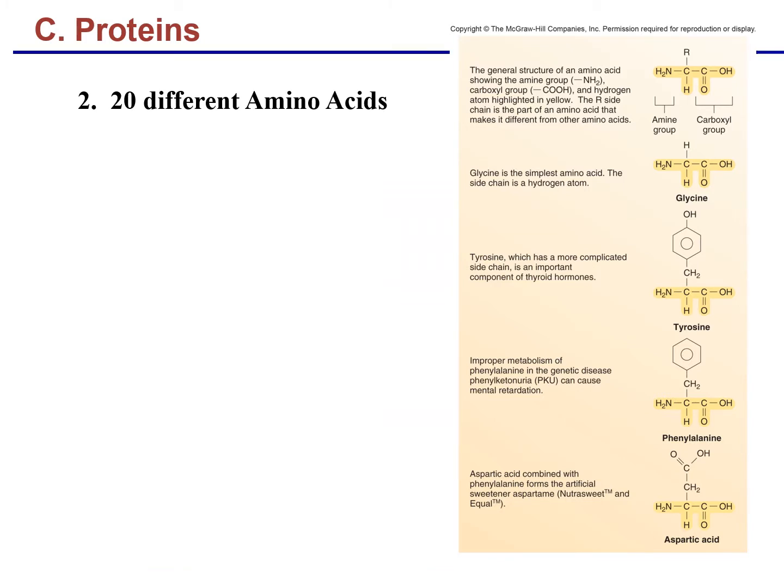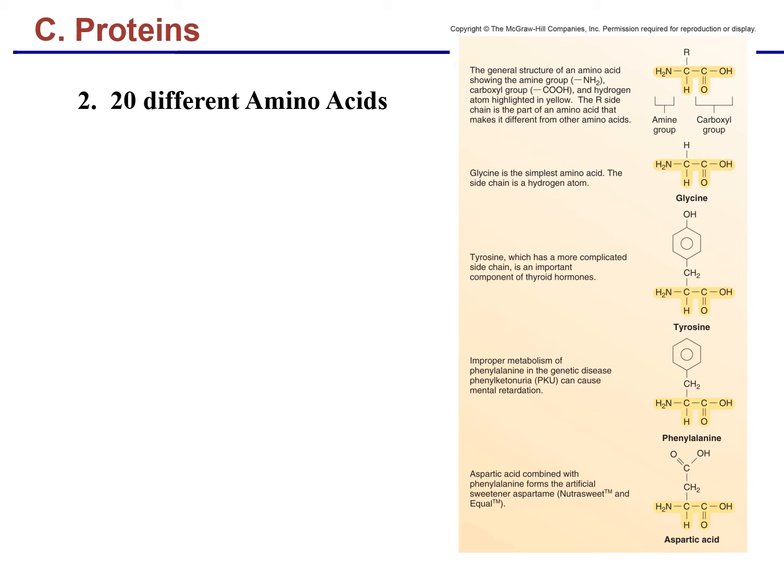So humans and most other organisms use a palette of 20 different amino acids to build our proteins. And the chemical and physical properties of a particular protein are dependent on the chemical and physical properties of the amino acids used to build that protein.